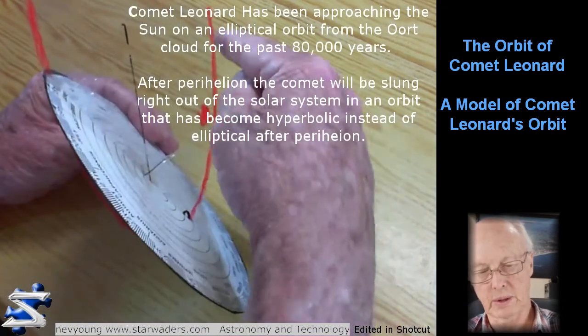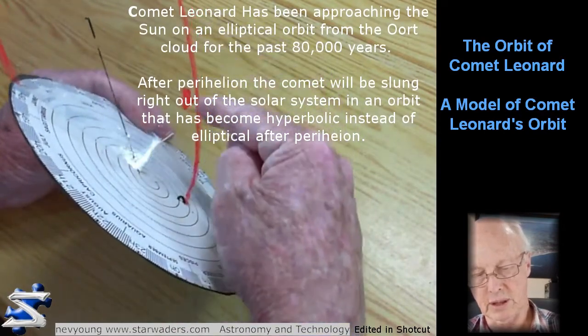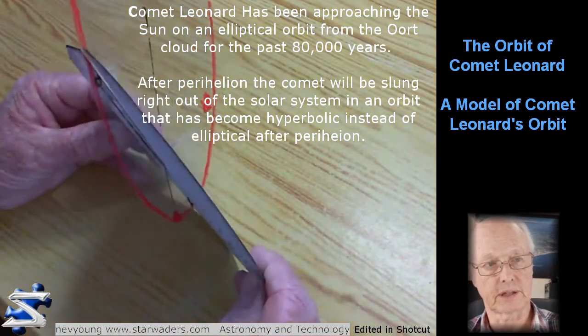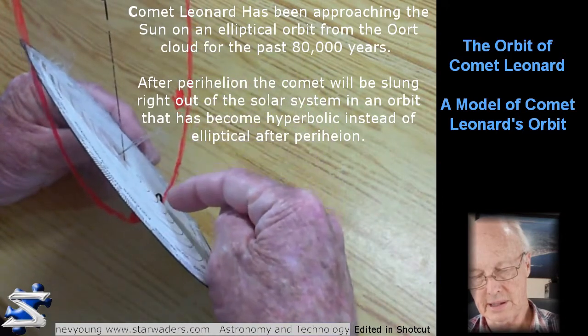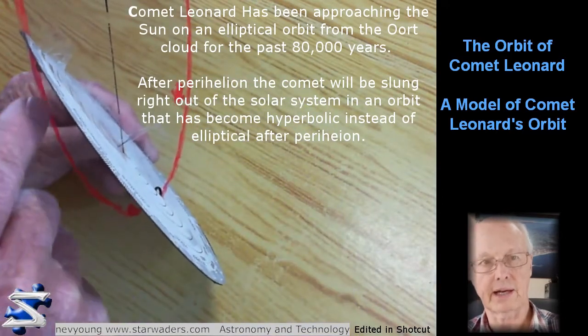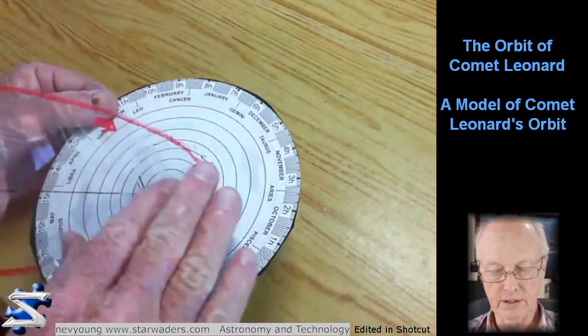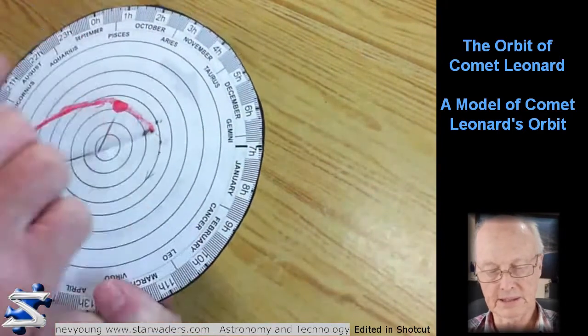In this one here, it is coming down on this side. Now I'm going to explain why this looks as though it is clockwise, when I've said these things are always anti-clockwise, but we'll get to that explanation. And it is coming down through the solar system and out through the other side.